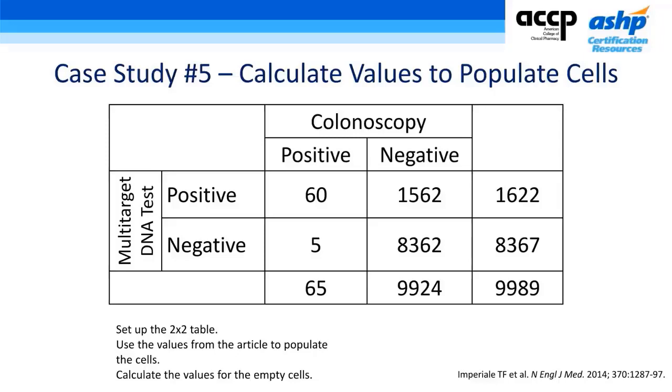And then we had A plus B, and then the grand total to get us C plus D. And then from there, we can calculate D, which is the true negative, by that simple subtraction. And then that ultimately leads us to B plus D of 9,924.